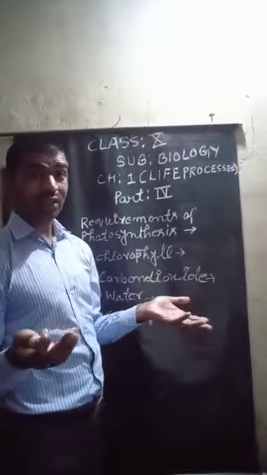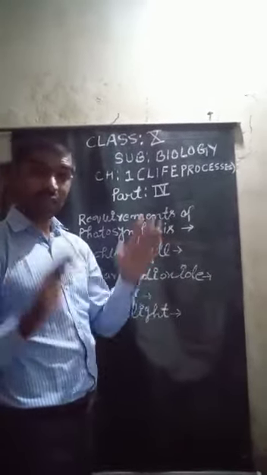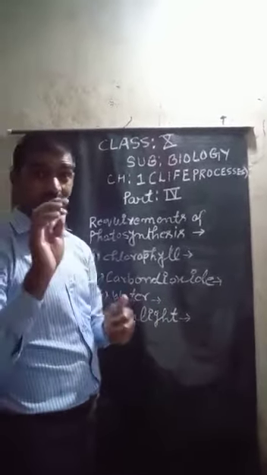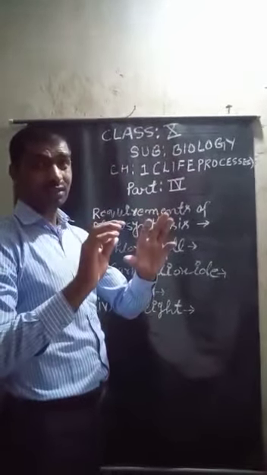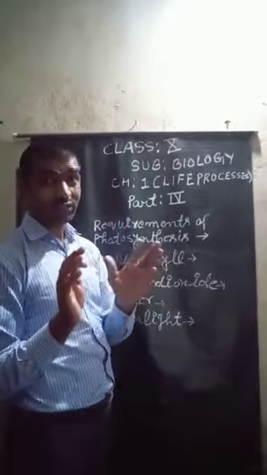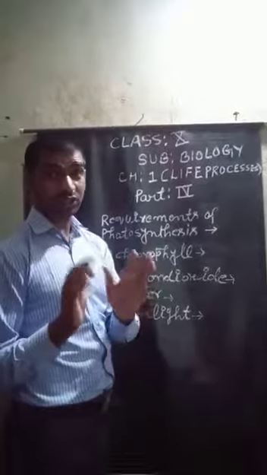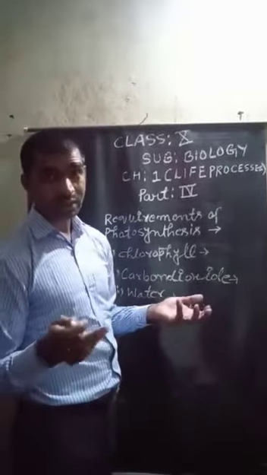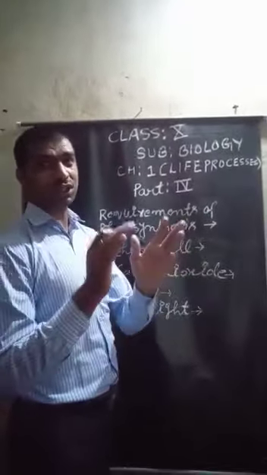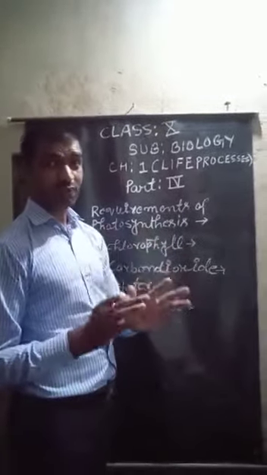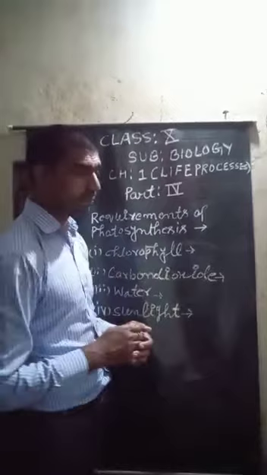Not all the sunlight is used by the plant to complete photosynthesis. What will that fraction be? It will be only 1%. Only 1% of the sunlight is required to complete photosynthesis.